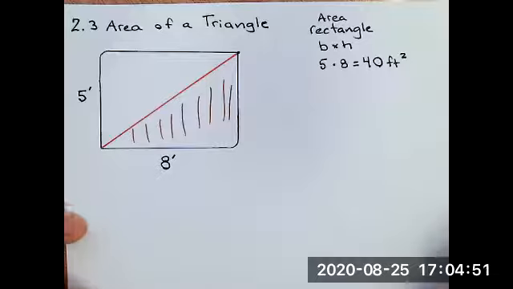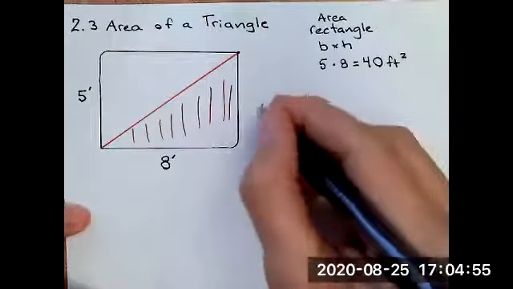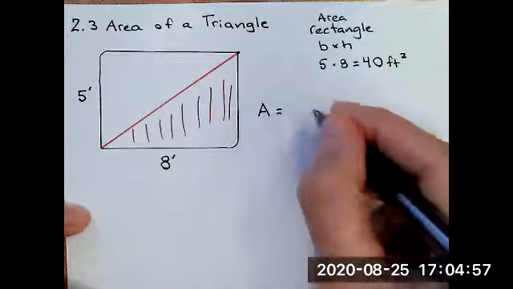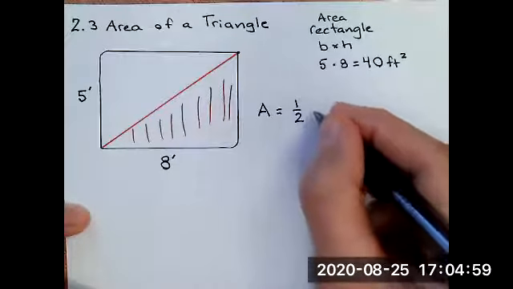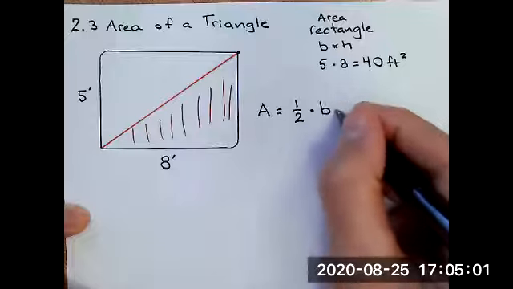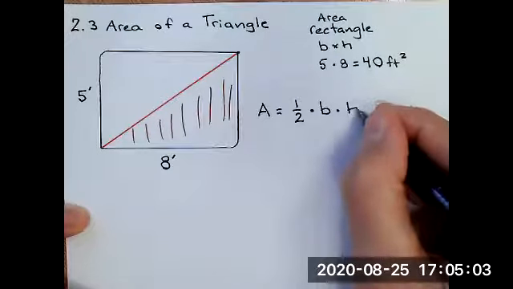And that, it turns out, is the formula for the area of a triangle. It's 1/2 of the base times the height.